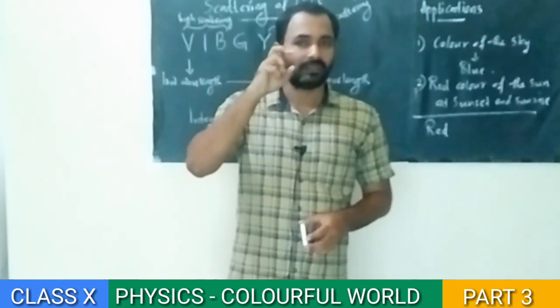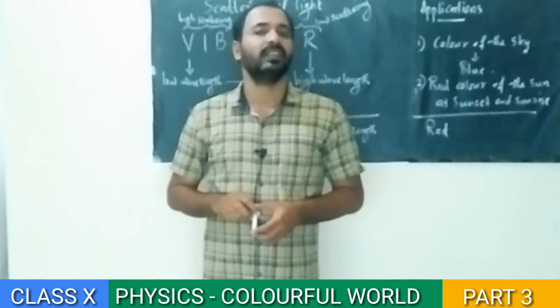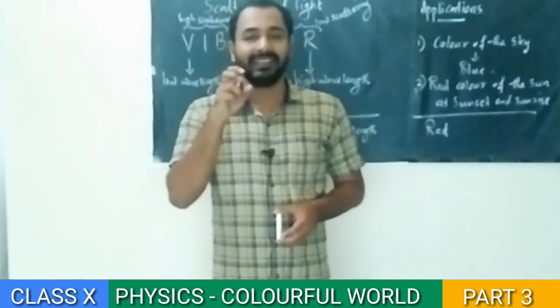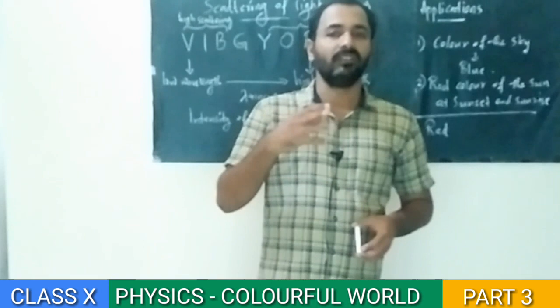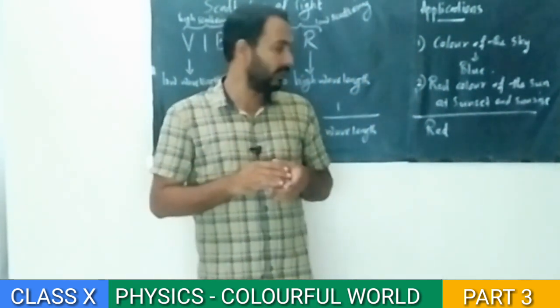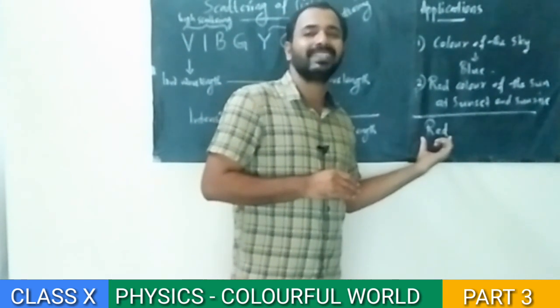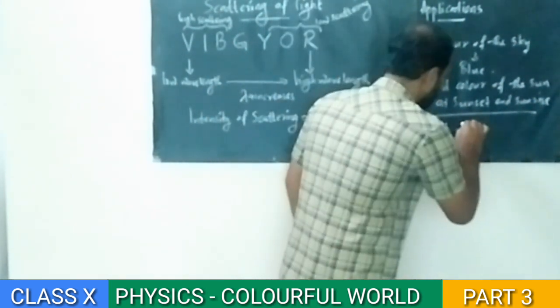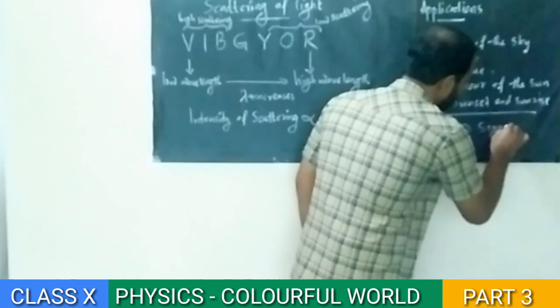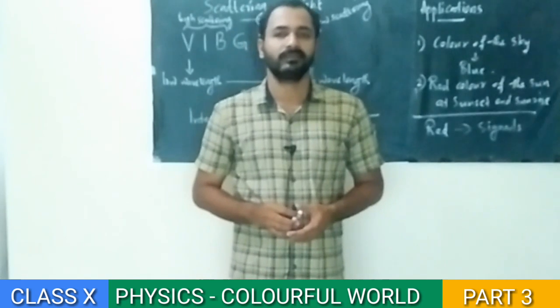So red color, which is the high wavelength color, scatters least, or it travels a long distance without scattering. That's why red color is used in danger signals.